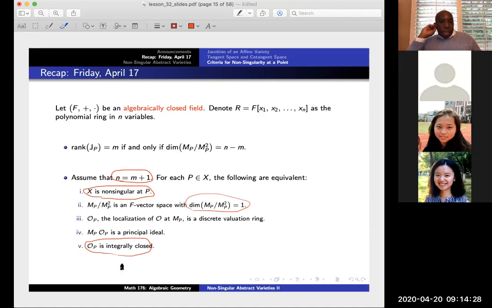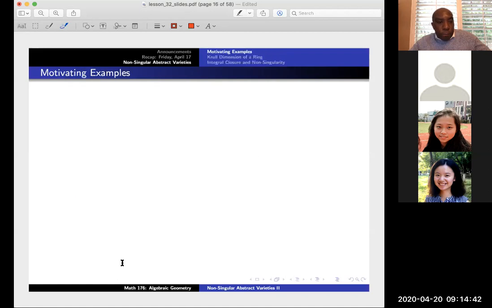Today I'm going to come back and talk about this integral closedness in quite a bit of detail. I haven't mentioned it yet because we haven't needed it, but I am going to talk about it in a lot of detail today. Again, these 5 statements here are all equivalent.